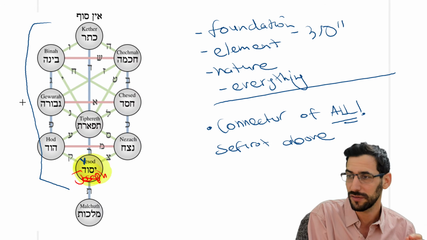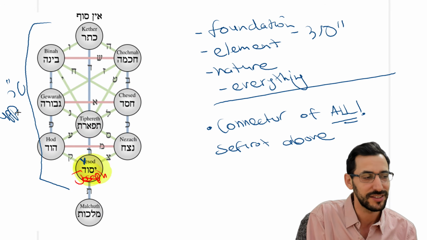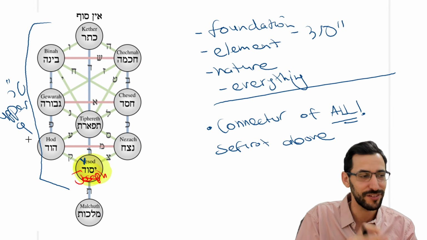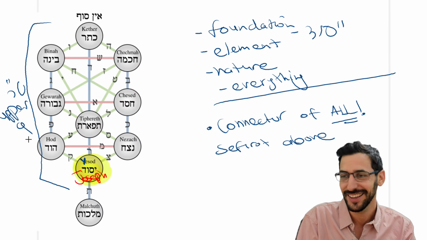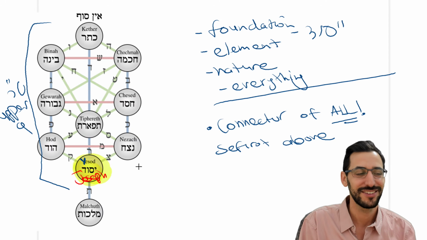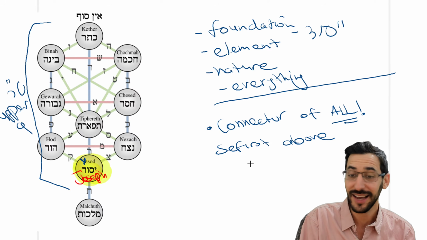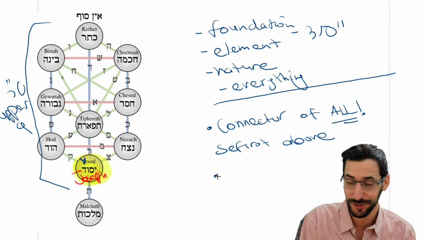I told you there are going to be a lot of numbers here, so this is called also Tet Rishonot, which means upper 9. We've had 9, we've had 5, we've had 4, we've had 6, we've had 10, we've had everything. So the Yesod is the connector of all of the upper 9 structure. It doesn't have its own quality, Yesod, and this is also what's special about it.